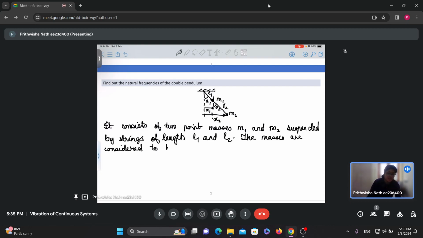So the masses are considered to have only horizontal motion.